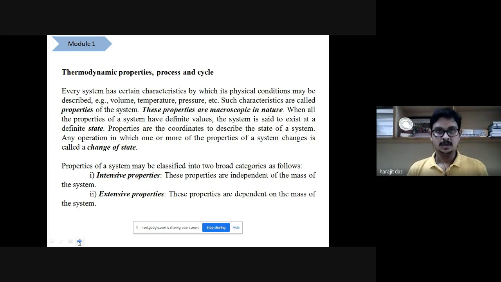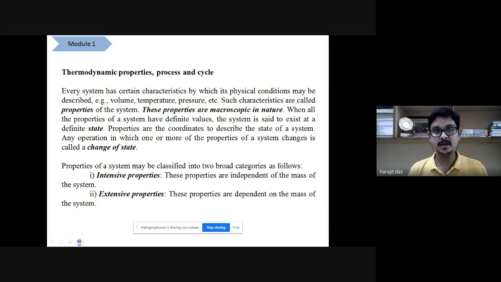So what are the thermodynamic properties? These properties are macroscopic in nature. As we are studying the macroscopic or classical approach, the properties of thermodynamics will be macroscopic in nature. Suppose pressure is one property, volume is one property.